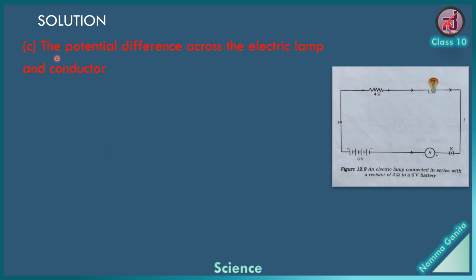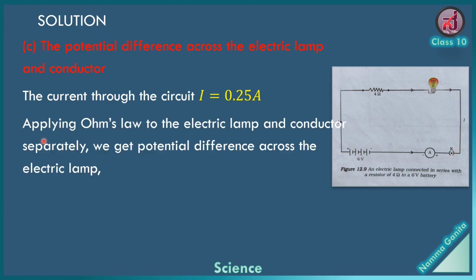The potential difference across the electric lamp and conductor. The current through the circuit I is equal to 0.25 ampere.